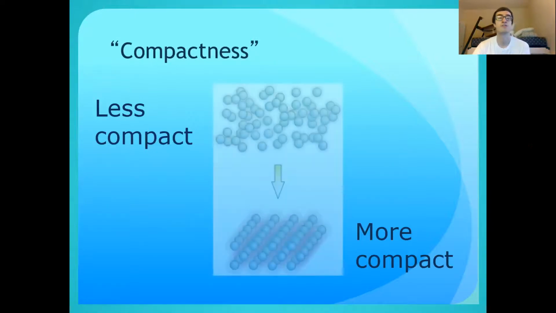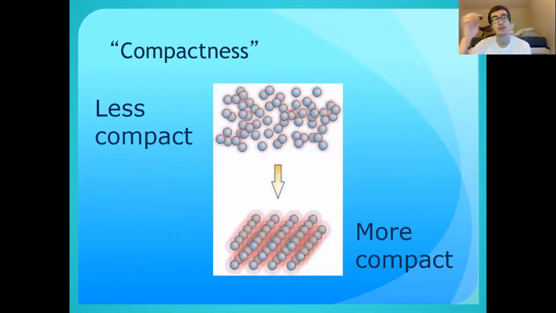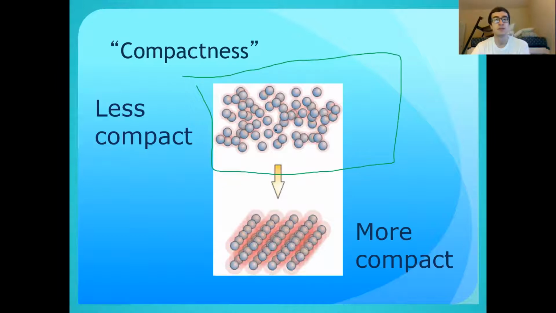So this idea of compactness, we can kind of see it in this little picture here. These guys up at the top here, they are somewhat spread out. There's a little bit of space between all of them. And so we would call them less compact. And these would be less dense as well.